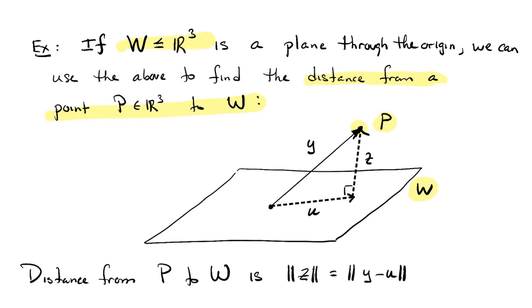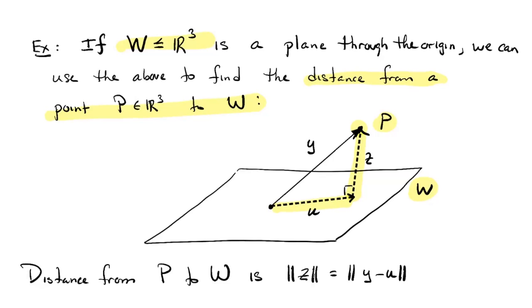Well, certainly the distance from the point to the plane should be the length of the vector or the line segment that you get by dropping a perpendicular, right, to that point. So that's what I'm indicating in my picture there. That perpendicular I've labeled as the vector z. It's exactly the summand in the decomposition that we wrote above. If you take the vector u in W and add it to this vector z in W perp, then you get the vector y, right?